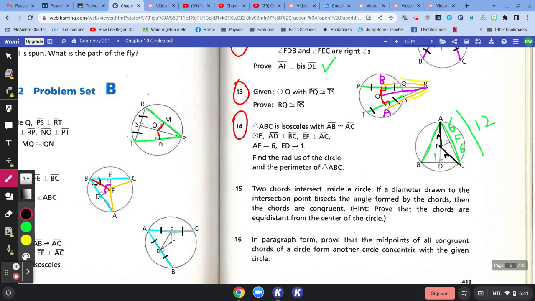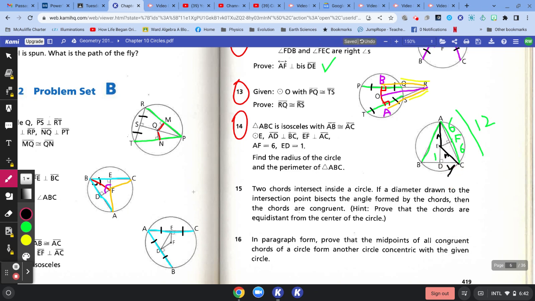So AD is going to be R plus 1, and AC is going to be 12. Now let's go ahead and give DC a label as well. We'll call that Y.